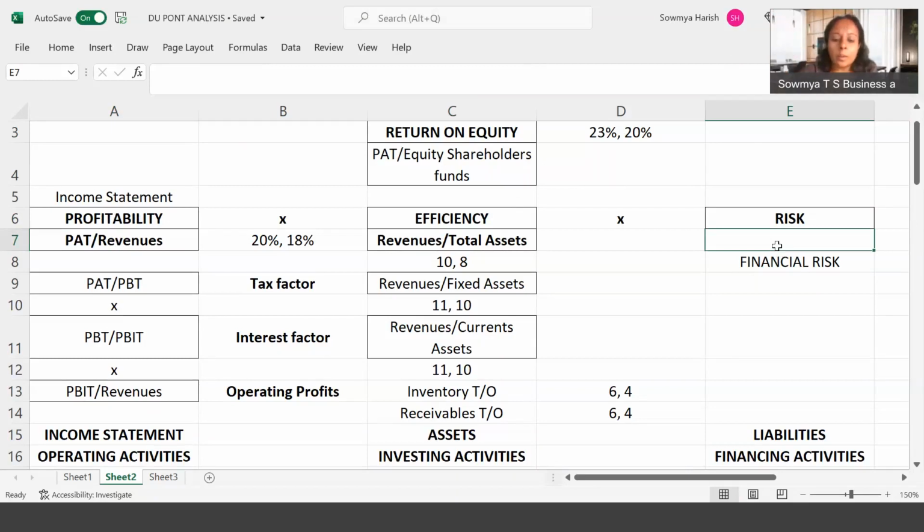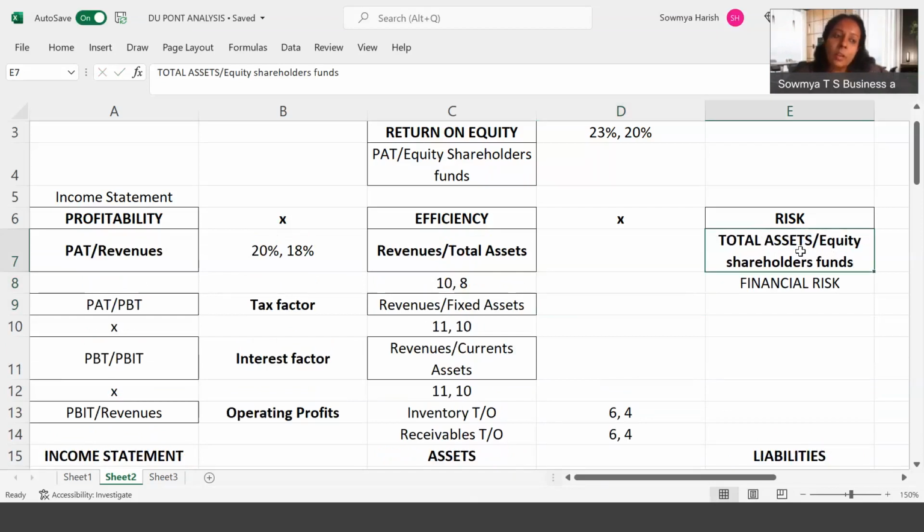For this, we use the proprietary ratio, that is total assets divided by equity shareholders' funds. This is the proprietary ratio, and we use it for measuring the risk.